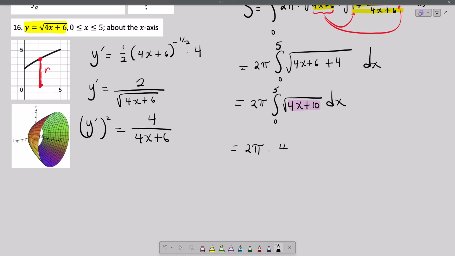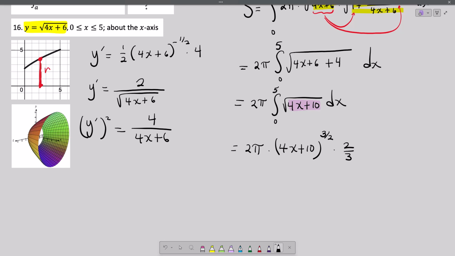So we're going to take the 4x plus 10 to the 1/2. We're going to add 1 to the exponent. So 4x plus 10 to the 3/2. And I didn't leave space there for it, but we can put it out here, dividing by 3/2. So that's the power rule part.